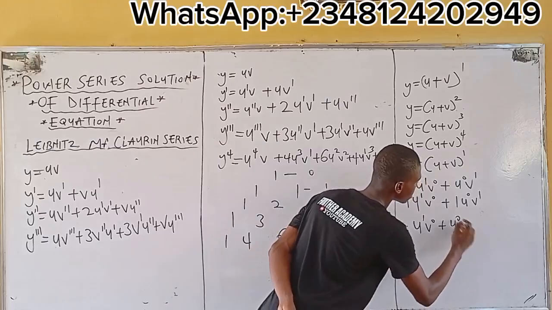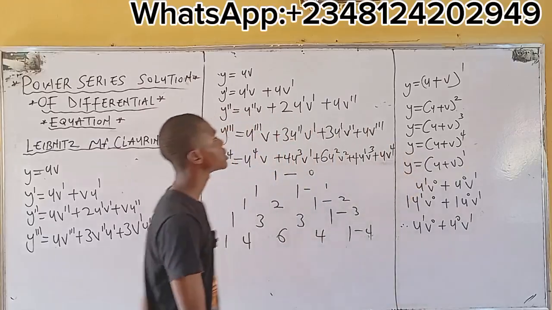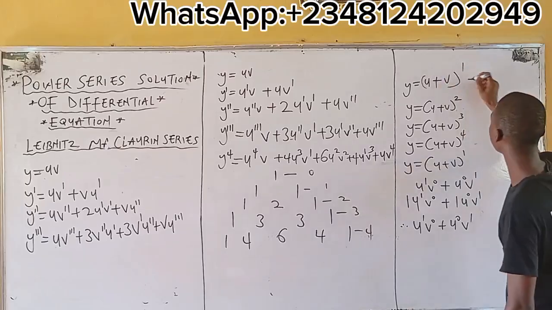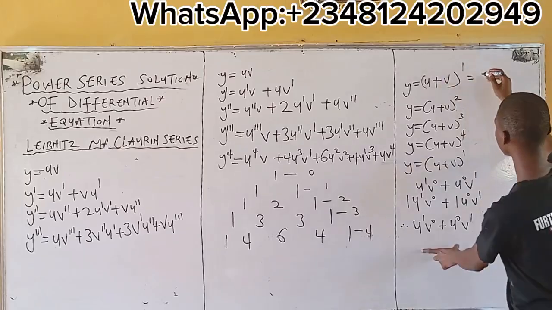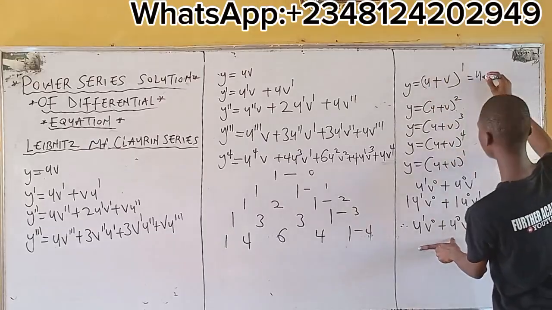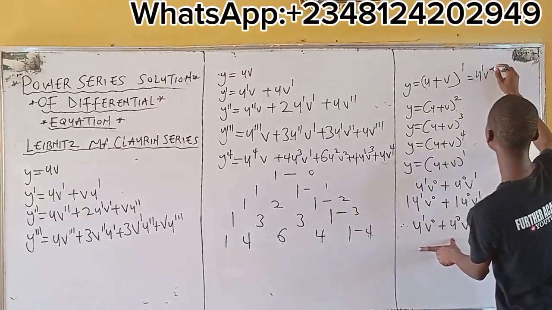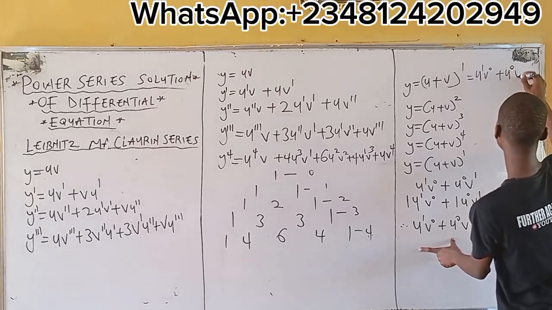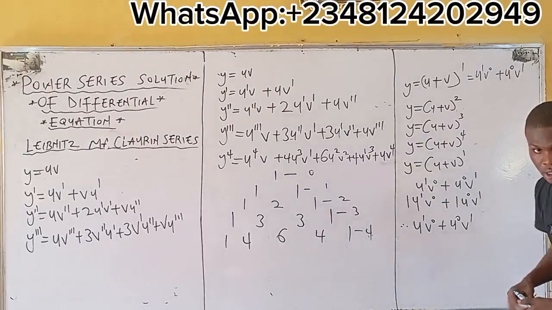Right? Meaning for this function, using binomial expansion, I got this, which is u raised to the power of 1, v raised to the power of 0, plus u raised to the power of 0, v raised to the power of 1. Any question on that? No question.